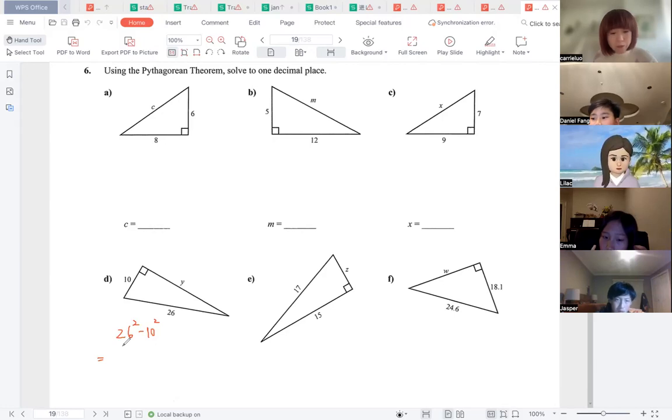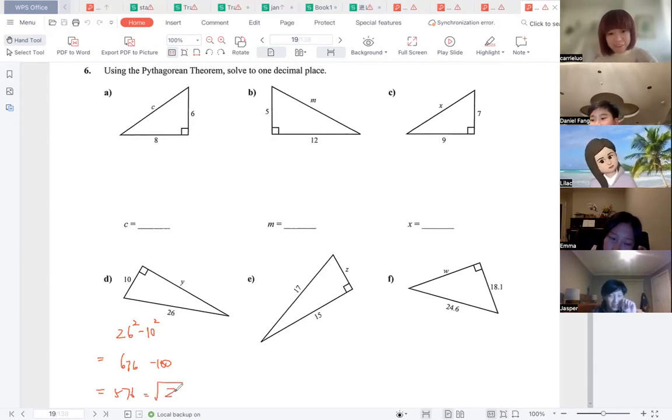No, okay, so 26 times 26 equals 676 minus 100 equals 576. The square root of 576 equals what? Who can tell me? Jasper? Wait, no, never mind. It's 24. It's 24. But I forgot to. Very good, it's 24. 24 squared, so equals 24, so y equals 24.